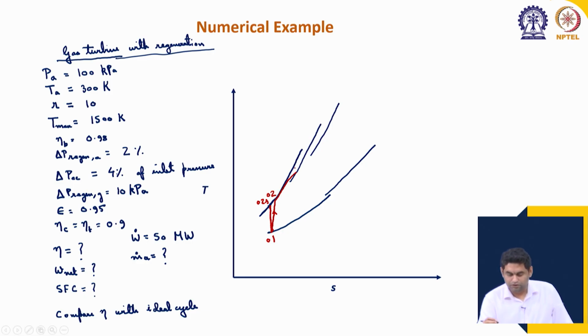From 02 to 03, let us call this as 05, which is our standard notation for regeneration. From 05 to, let us say, 03 is the combustion process, then 03 to 04 expansion in the turbine.